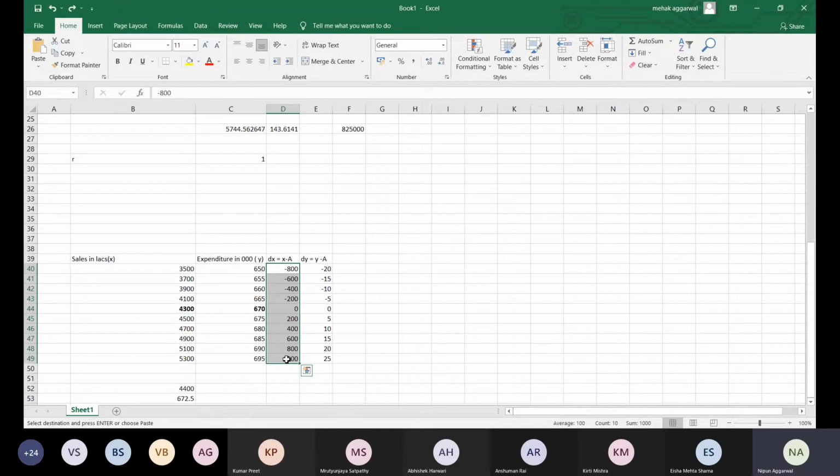We are mostly doing it with the assumed mean method, because there will be two variables involved, and in that way we are not using the step deviation method in case of correlation.